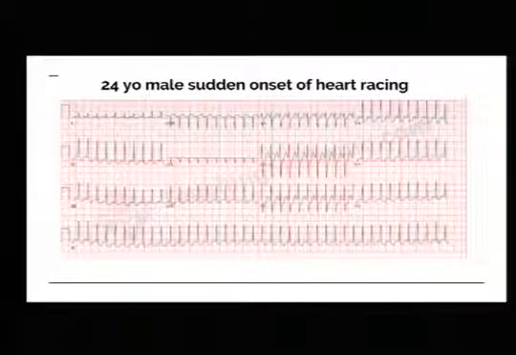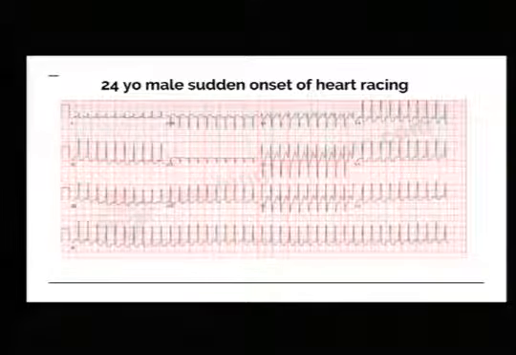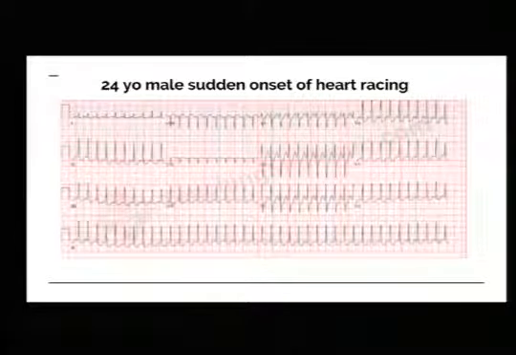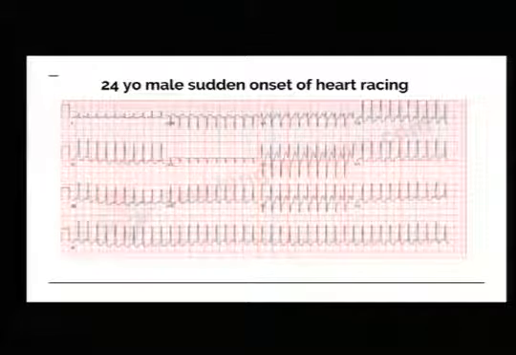24-year-old male, sudden onset of heart racing. What's your rate? So you have one box pretty much. So what would that be? 300 divided by 1. 300. So, you're tachycardic.